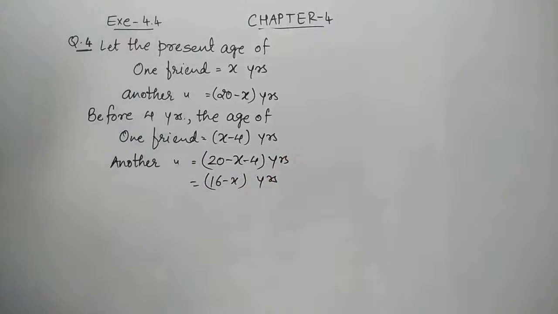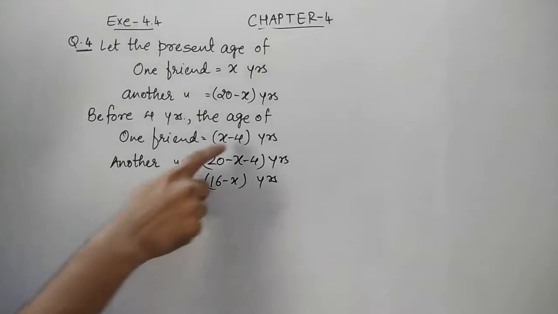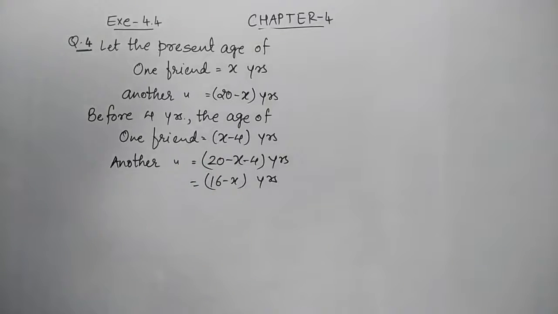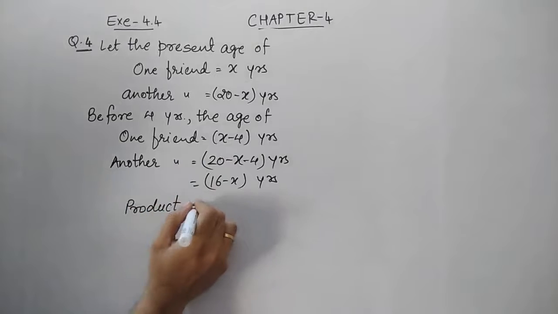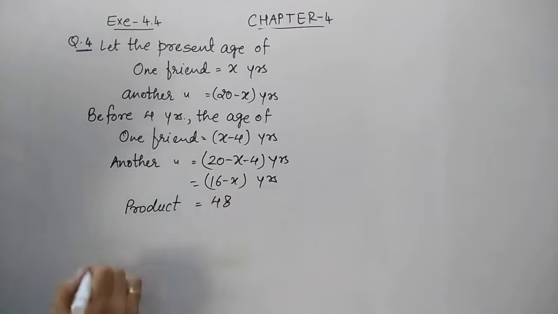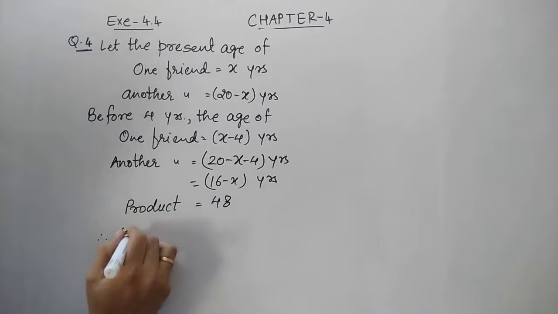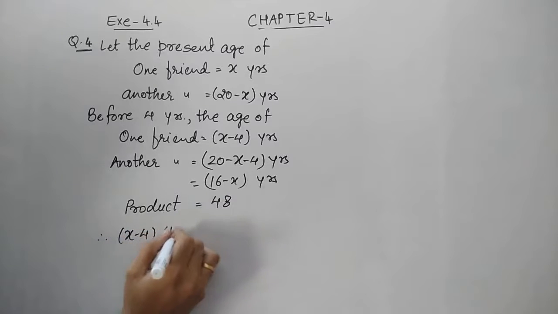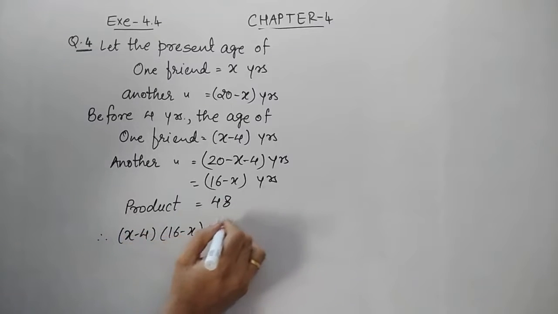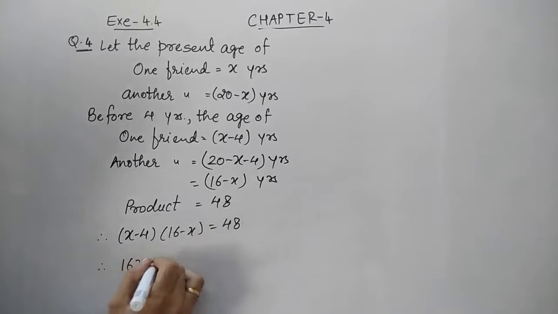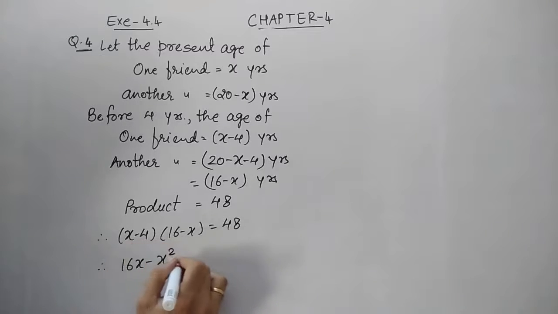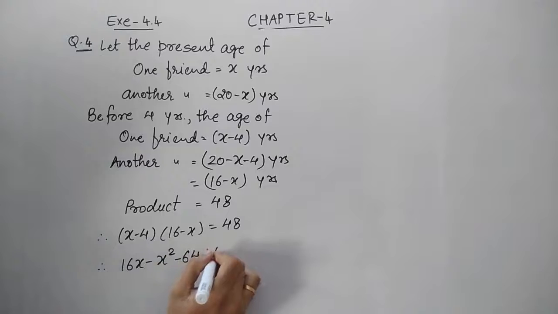Let's form the equation. The equation is formed by doing the product of this, the product of their ages before 4 years. Product is 48. So the product of x minus 4 and 16 minus x is 48. First of all, let us convert this into the standard form by multiplying x with both the numbers: 16x minus x square minus 64 plus 4x.